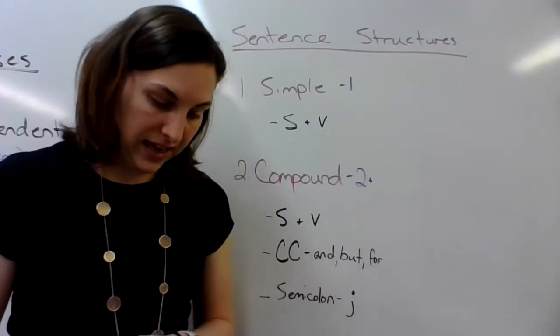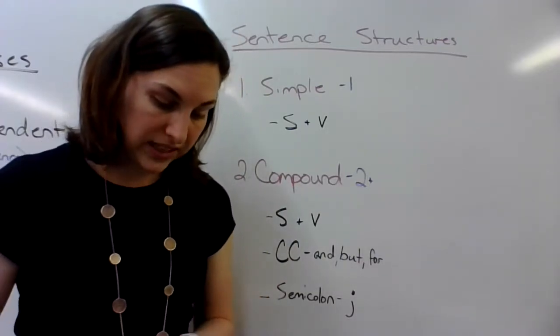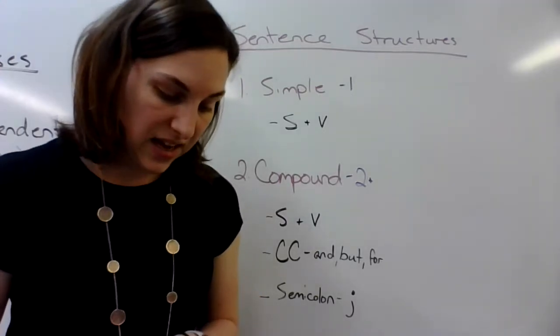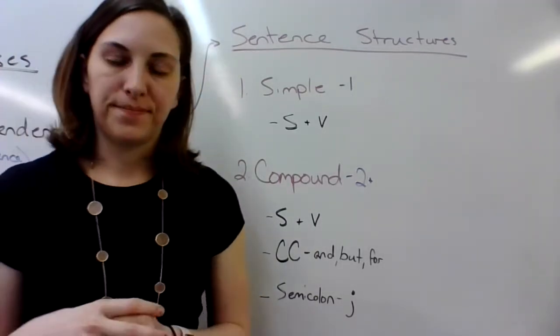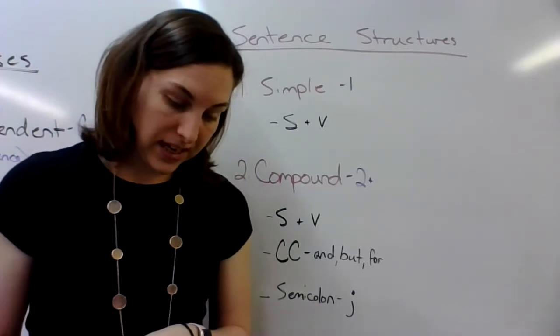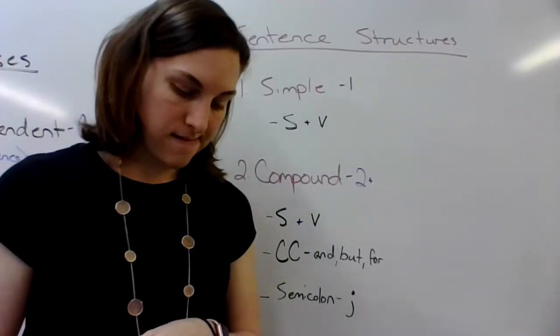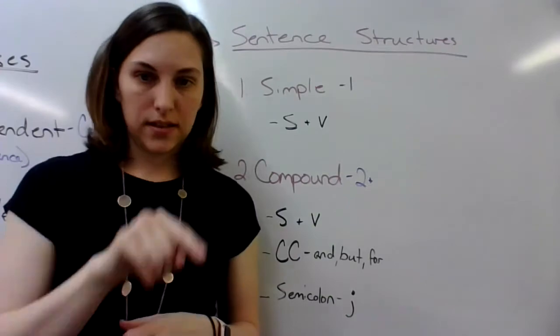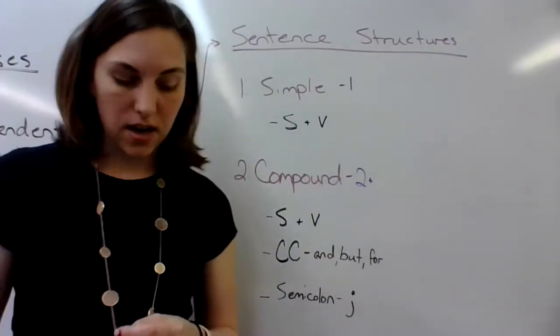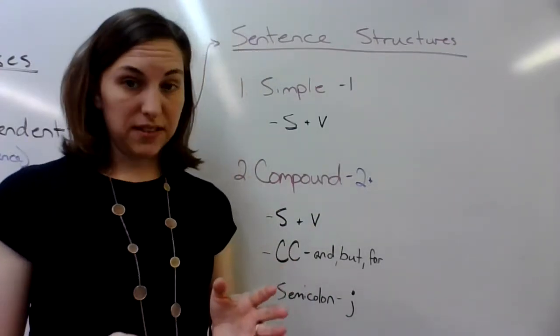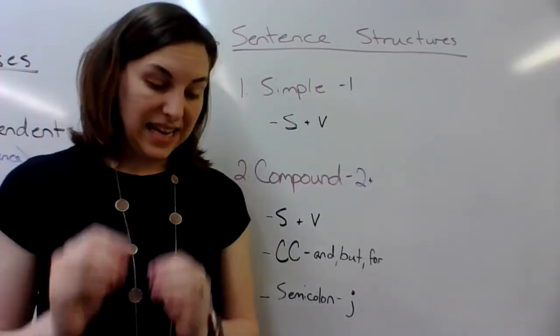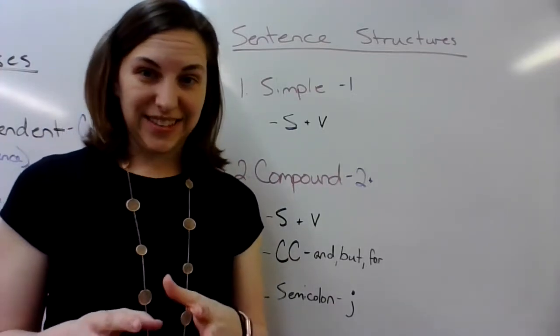Look at number 3. It is hard to fail, but it is worse never to have tried to succeed. Look for the coordinating conjunction. Comma, but again. Put a box around it. And then on the first side, look for your subject and verb. It is. That's the subject and verb.